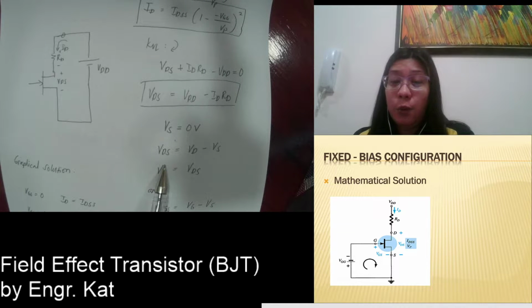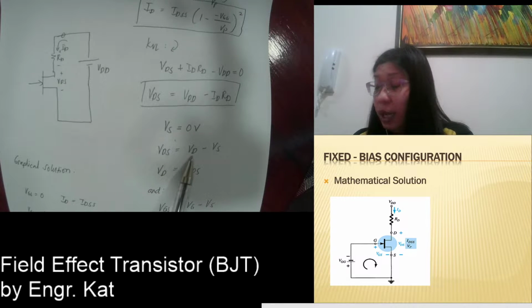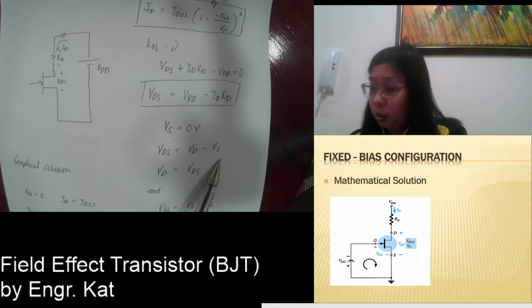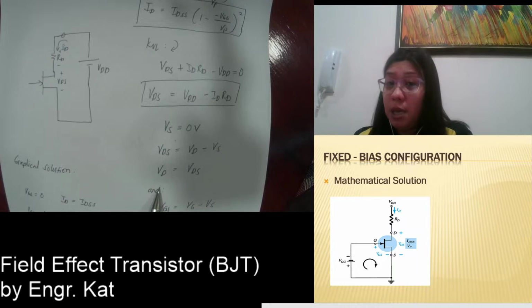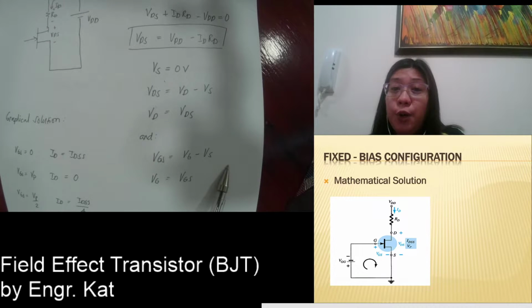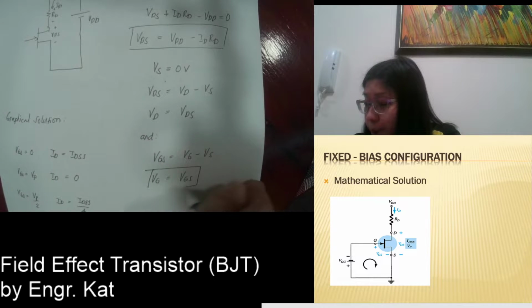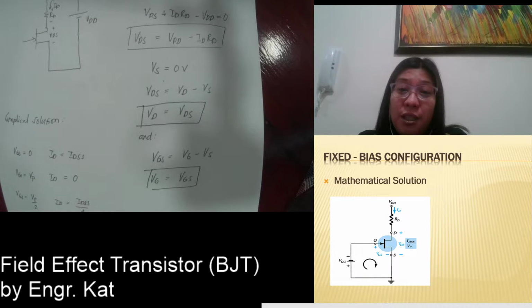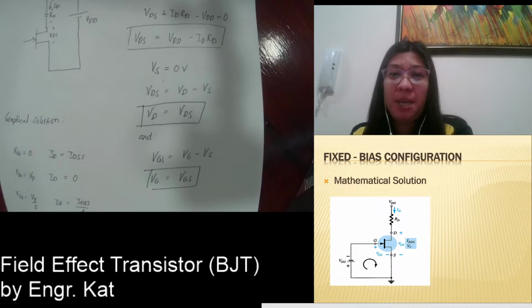So VDS, like what we have discussed previously in BJT, signifies your drain voltage minus your source voltage. But since your source voltage is equal to 0, therefore we have VD is equal to your VDS. Likewise, VGS means VG minus VS. And since VS is equal to 0, we have your VG, which is equivalent to your VGS. Okay, so actually, the FET analysis is just simple because you have already discussed this in our BJT discussions.